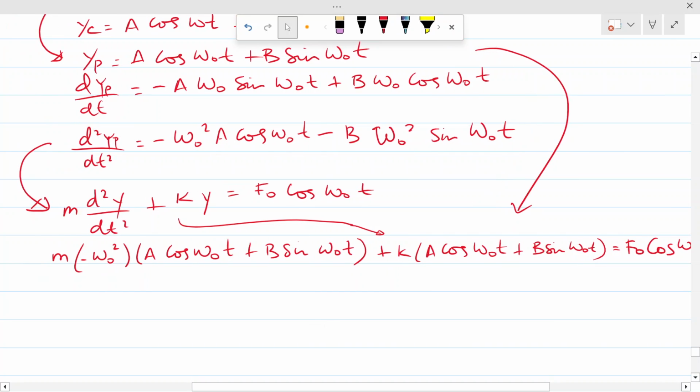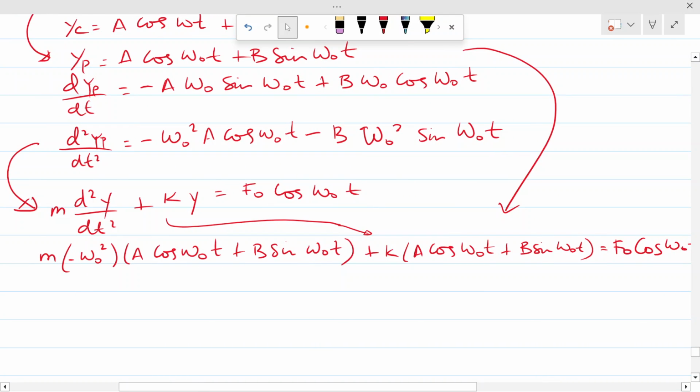So now we can compare the terms on the left hand side with the terms on the right hand side, in particular the cos part.